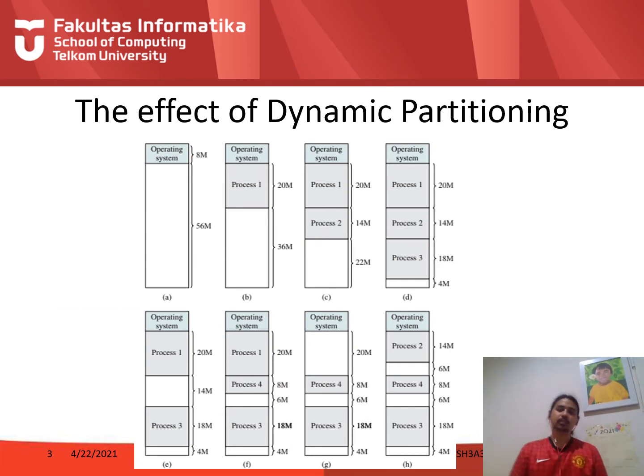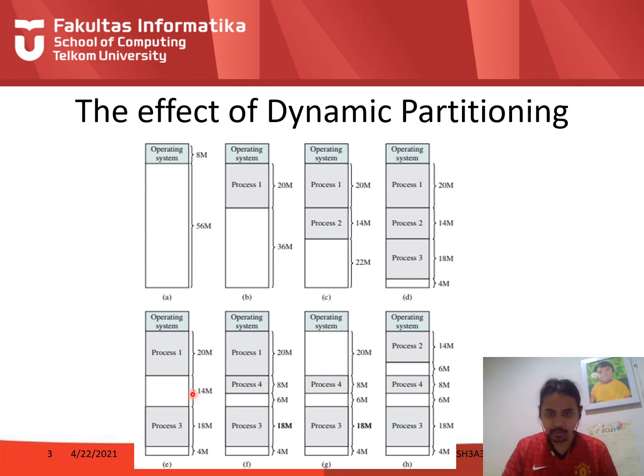So, repeating the problem of dynamic partitioning from video 2. Here, process 1 is 20 megabytes, process 2 is 14 megabytes, and process 3 is 18 megabytes, and process 2 leaves a fragment of 14 megabytes.